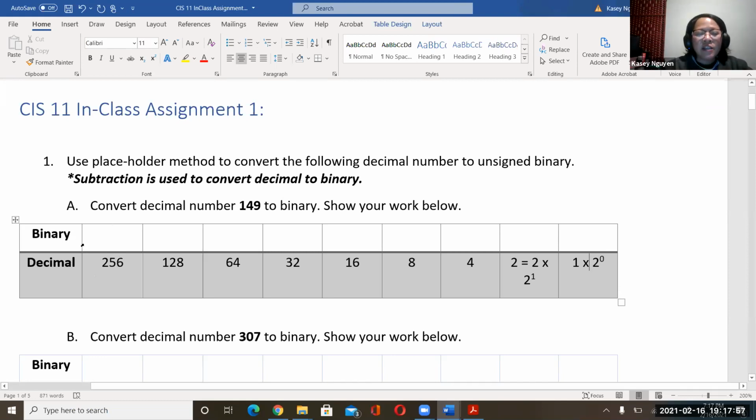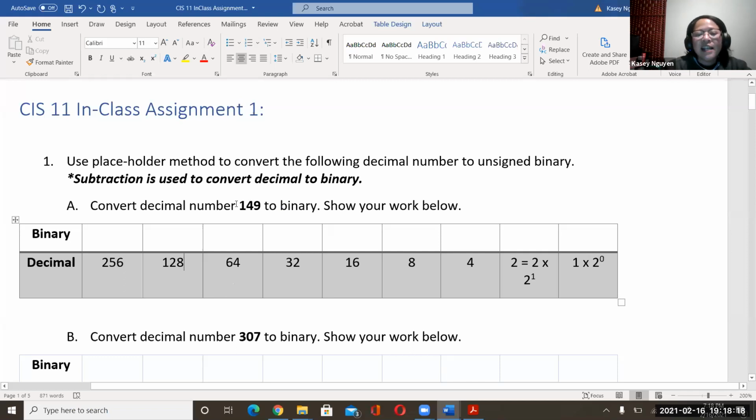So when I use the subtraction method, I would look at the scale and ask, what is the largest number I can subtract from on this scale? I cannot subtract 256. That's too high, right? What's less than 149? 128, right?